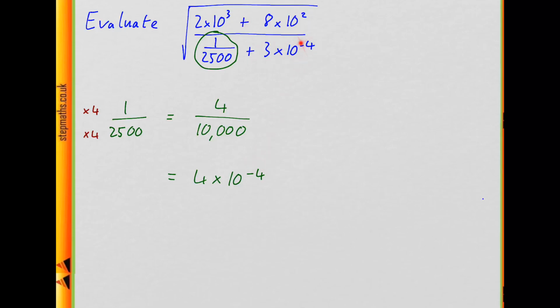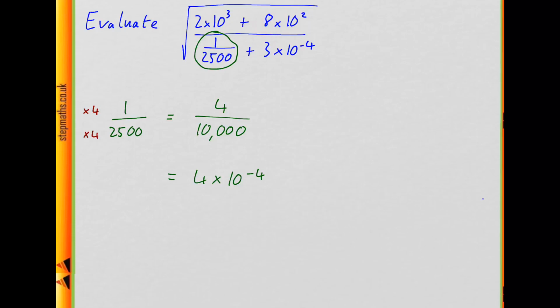Because the powers of 10 are the same, that makes it much easier to add. Whereas at the top we've got 2 times 10 to the 3 plus something times 10 to the 2. If we imagine writing these out as just two numbers in decimal form, they're going to have different numbers of zeros, so we need to be careful in adding them.